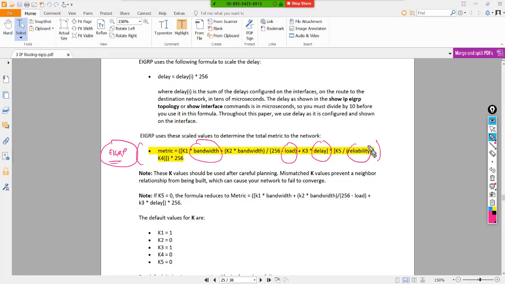Bandwidth and delay are the only two factors which have to be considered for my metric calculation. The rest, like load and reliability, I can just ignore.